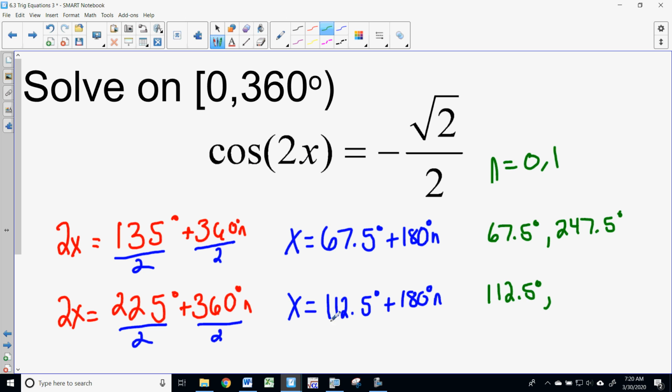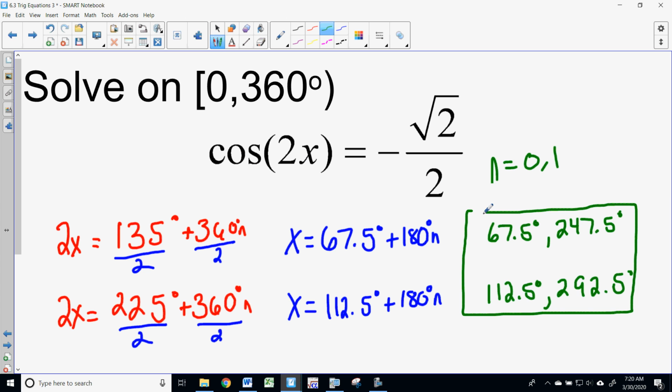And then 180 plus 112.5 is 292.5. So there is our 4 answers. As we said before, if we went to 2, 180 times 2 is 360. We'd get an answer over 360, so we know where to stop. We always start at 0 and 1, because we have a 2 here.